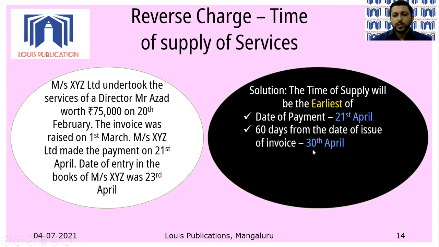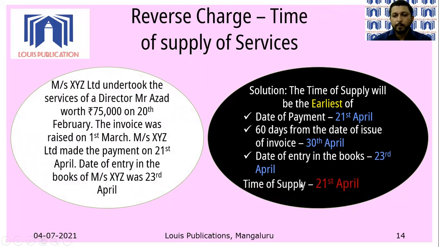So 60 days will be completed on 30th of April. That will be taken as another criteria. And next is date of entry in the books, that is 23rd of April. So among the three dates, whichever is the earlier, 21st April will be the time of supply. So let's understand, we talk about the date of payment in case of reverse charge, supply of services.